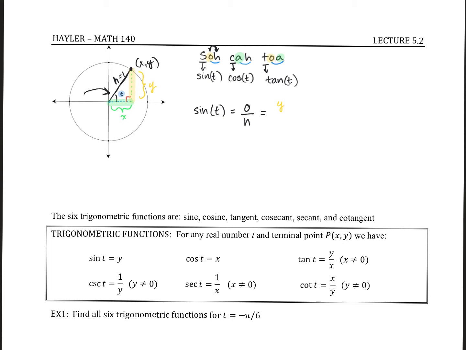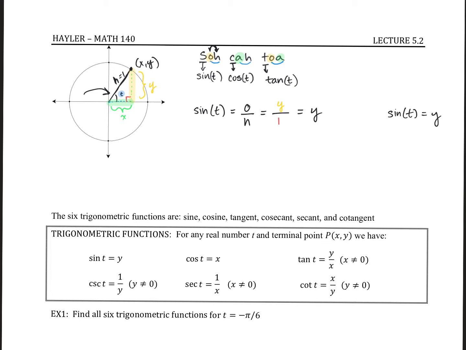So that's y over the hypotenuse, which is just 1, because the hypotenuse is the radius of our triangle, and the radius of our unit circle is always 1. That means sine is equal to y. So sine of t is equal to y.